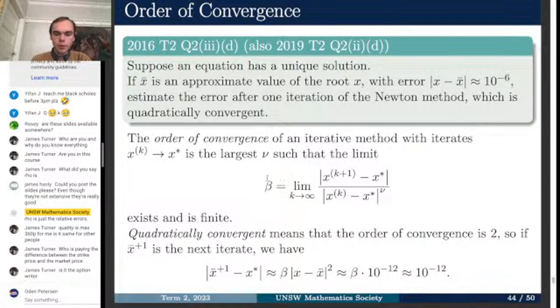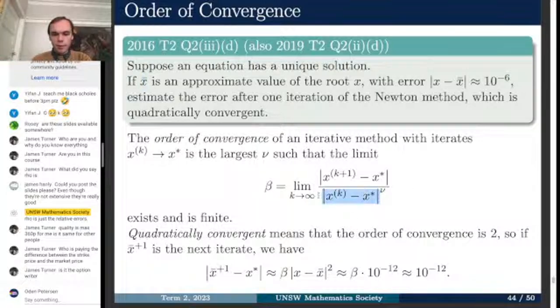So if we look at this, beta is the next error divided by the previous error squared in the limit as k gets large. So that's saying that approximately beta is the error of the Newton iterate after x bar divided by the error at x bar squared.